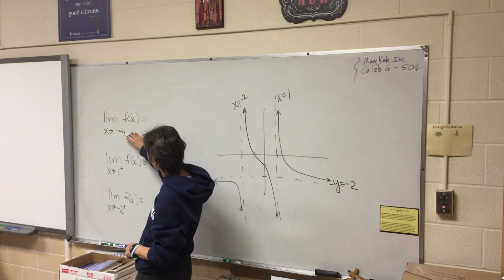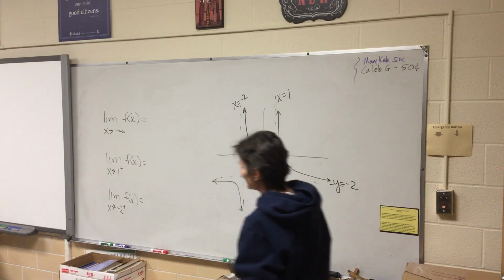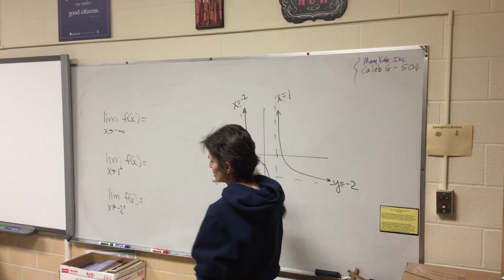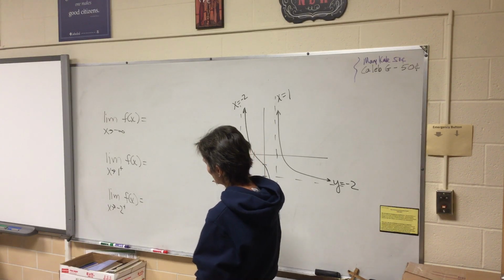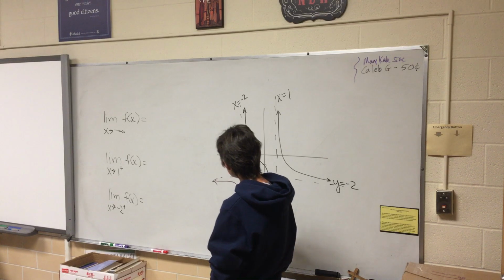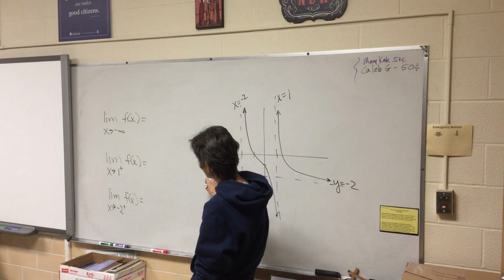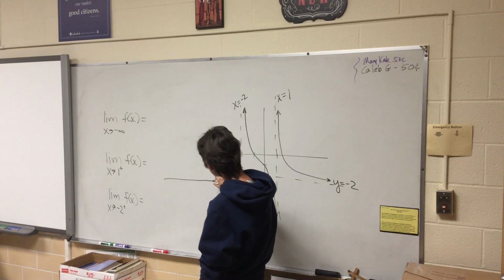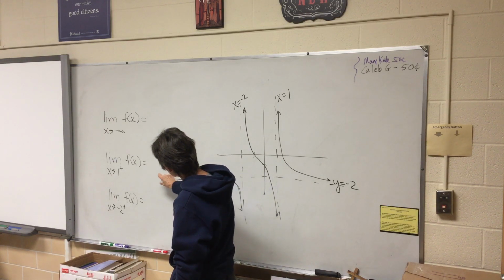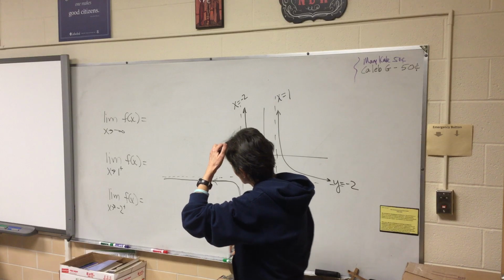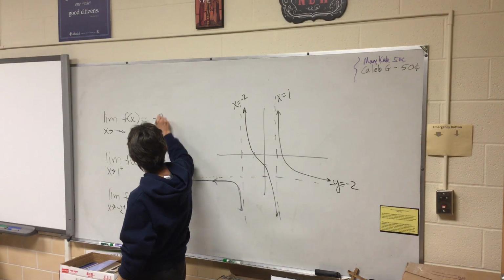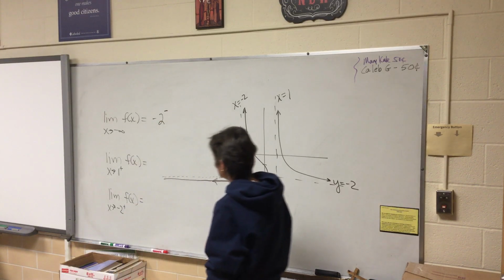This says x is approaching negative infinity. So we're going that way. That's where negative infinity is out that way. So as you follow your curve that way, farther and farther and farther, what's it doing? Getting closer to negative 2. Yep, from the bottom. So we'll say negative 2 from the bottom.